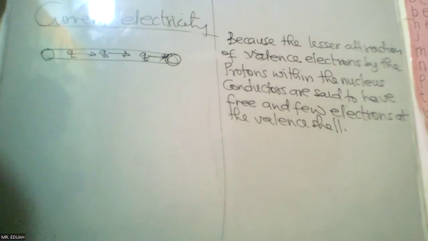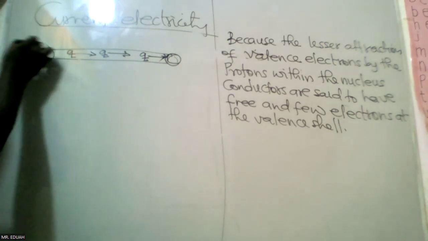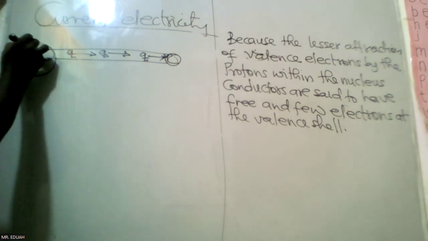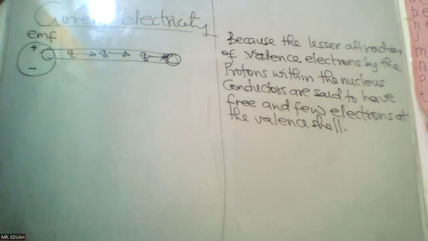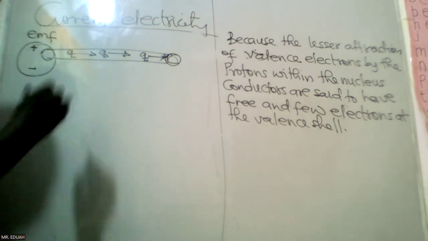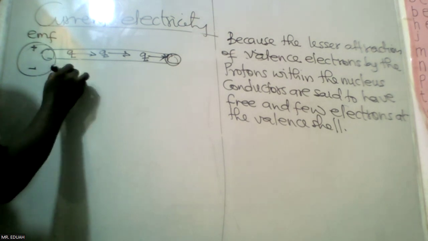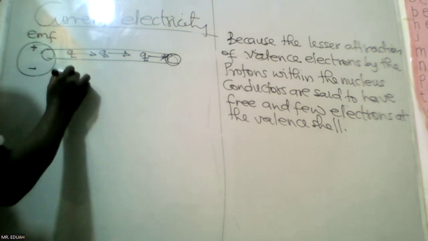And so we connect the conductor to a source of EMF, plus or minus. The source of EMF creates the external field, which we technically call the electric field.